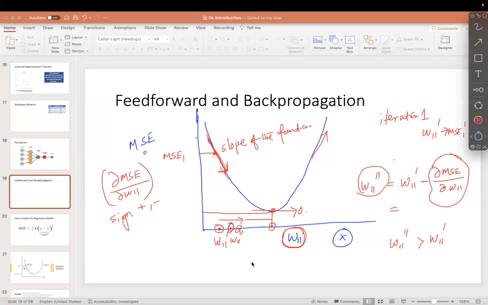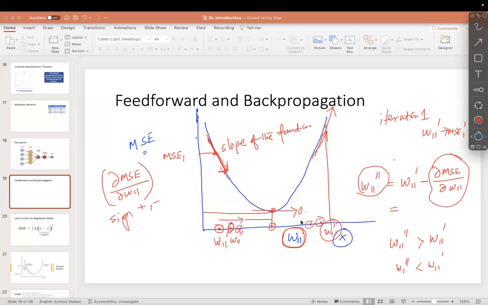Now, imagine when you randomly initialize the value of W11, it was on this side instead. Let's say this value was randomly initialized. In this case, the slope is positive. That means when you subtract it, the next value of W11 will be lesser than the initial value, so it'll be on this side now.